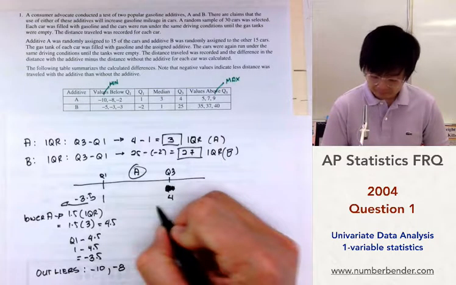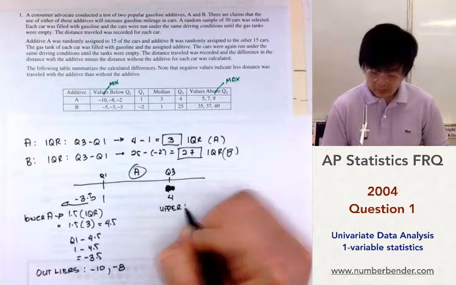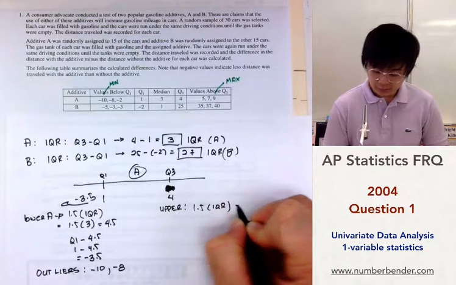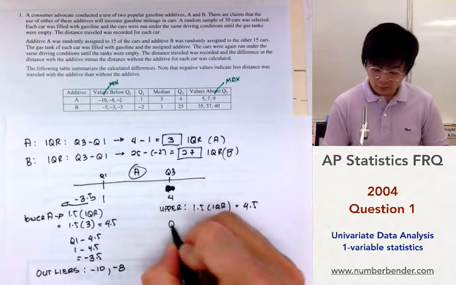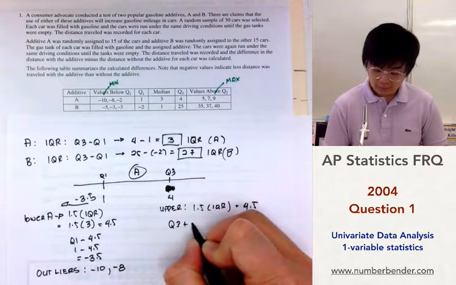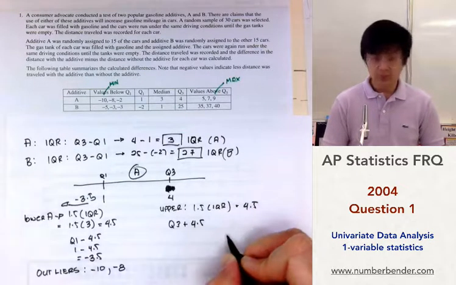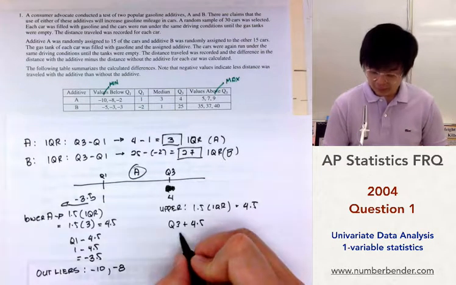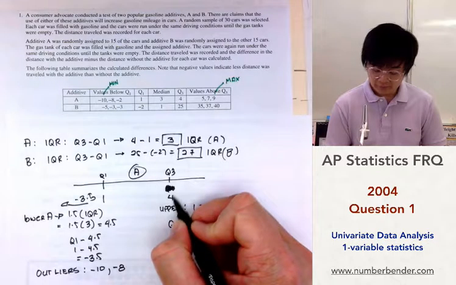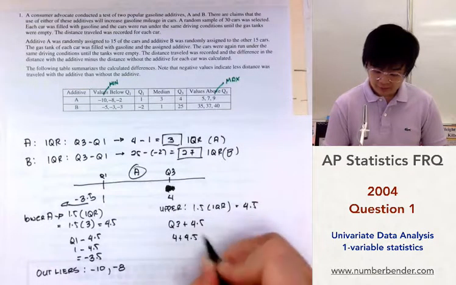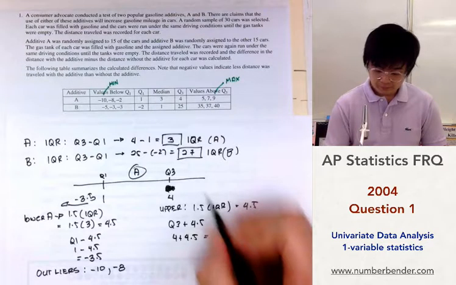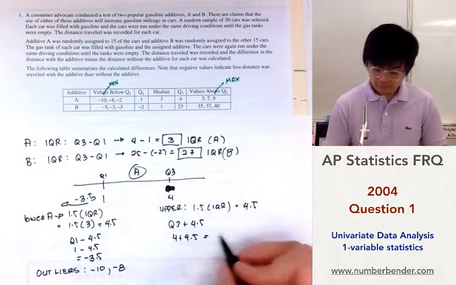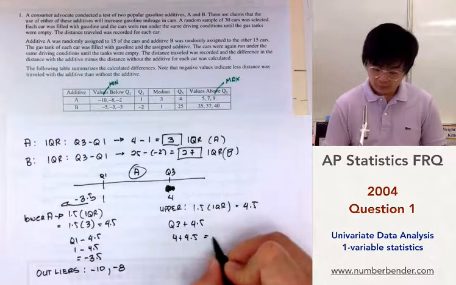And for the upper limit, we'll have 1.5 times IQR again, and it's going to be equal to 4.5. This time we're going to add Q3 plus 4.5. Anything that is outside Q3 plus 4.5 will be considered an outlier. Our Q3 is 4, plus 4.5 is equal to 8.5.